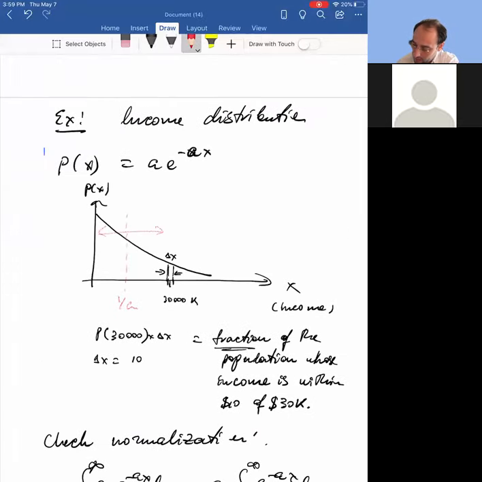So not most, but an appreciable fraction of the population will be located here, okay? It's not always that 70% that maybe you have heard of. That's for a specific distribution called a Gaussian distribution. We will talk about that distribution at some other time. This is an exponential distribution.